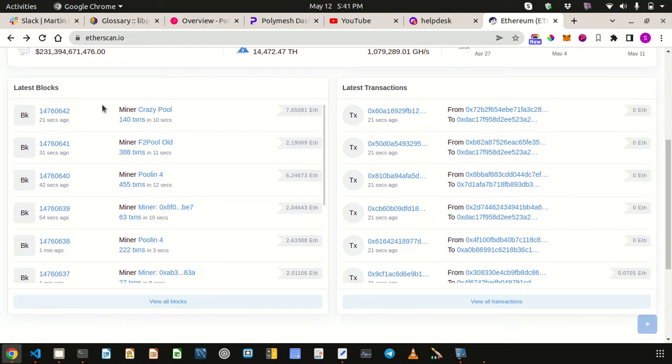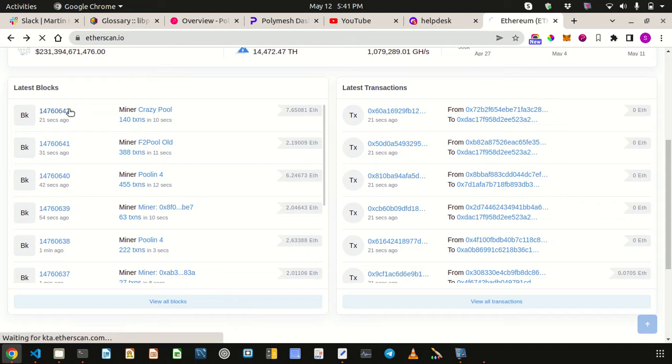So you know that in Ethereum, in any blockchain, these are the blocks that are being created over time, and you can see that this is the latest block that has been created, and this is the miner who has validated, or you can say created, this block into the blockchain, and the Ethers that have been created were awarded to this miner.